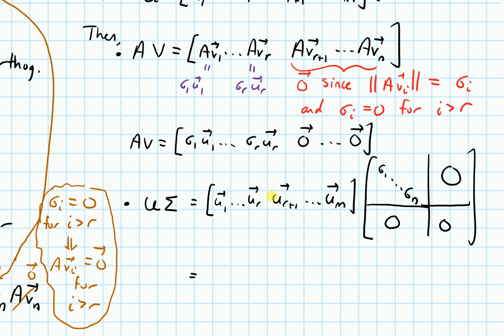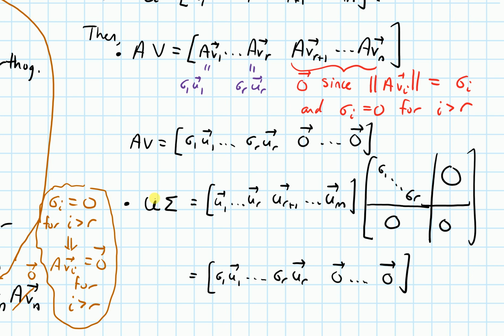All right, so when you multiply this matrix U times this matrix sigma, the first column will end up being sigma 1 U1, up until the rth column. Oops, I wrote sigma n here, but I should have been sigma r. The rth column will be sigma r times ur. And then all the columns after that will end up being 0. So that's what U times sigma is. U times sigma equals this.